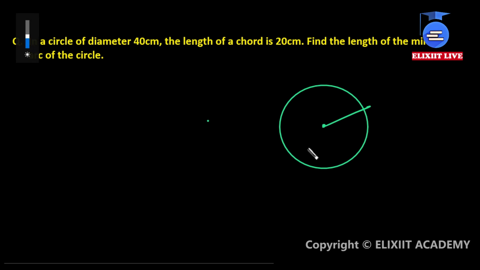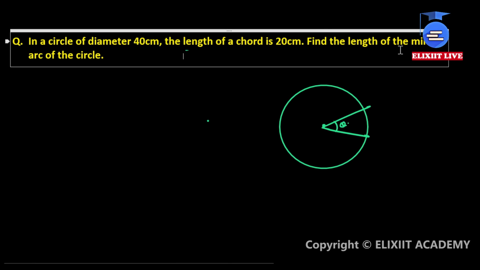This is theta, suppose. This angle we have to find out. Arc length is also not given. They are asking for the length of the minor arc, and the length of the chord is 20 centimeter.